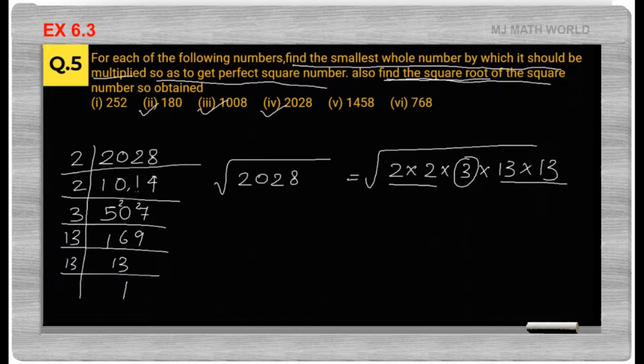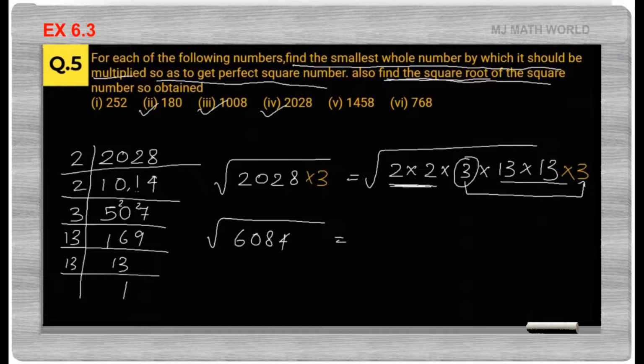We will multiply by 3 on both sides, which is equal to 2028 into 3, which is equal to 6084, and we will make pairs. This is one pair, and these 3 and 3 are another pair, and this one is another pair.